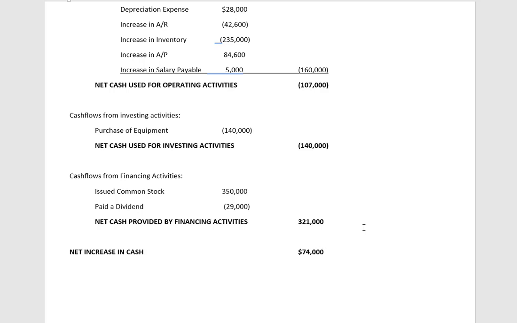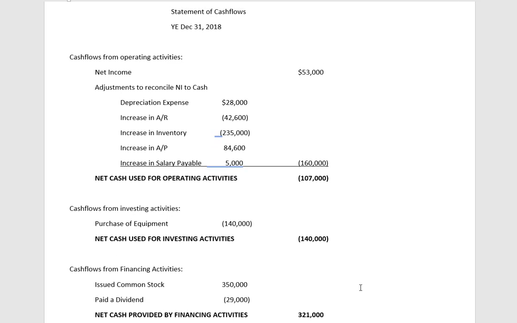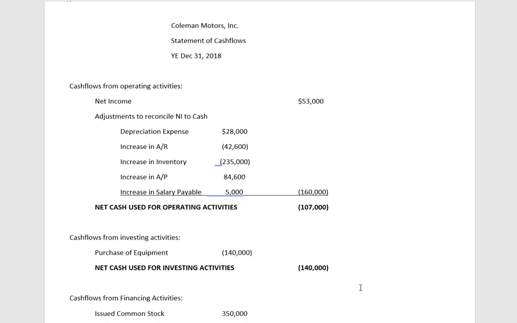And so my cash balance at the beginning of the year, 1/1/18, was 0. I just started the company, right? My cash balance at the end of the year was my beginning plus my change, which in this case, 74,000, right? So that is the indirect method statement of cash flows.